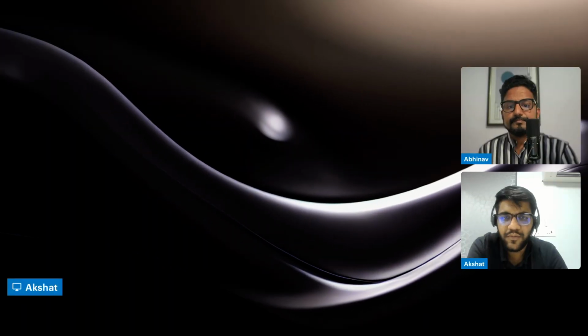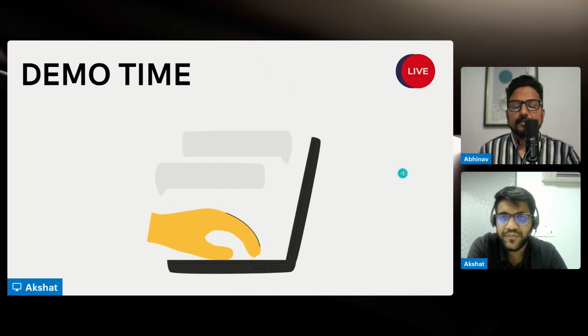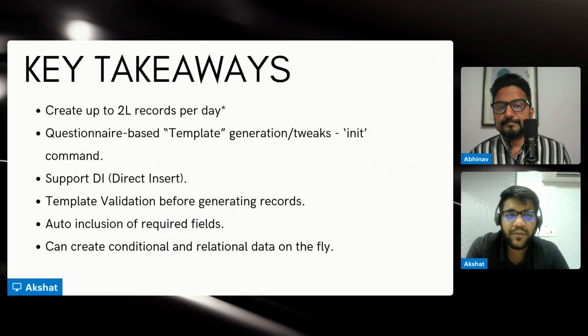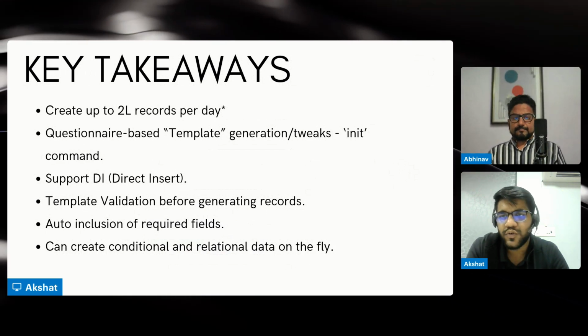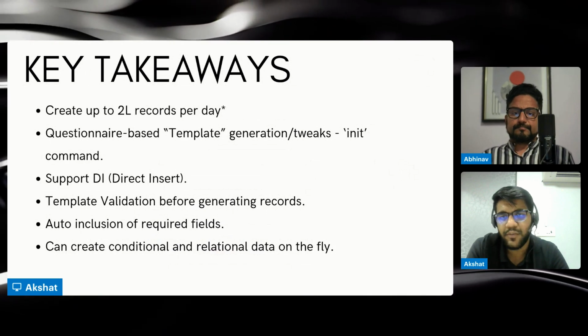So yeah, let me present the slide so that we can discuss the key takeaways which we have gotten from the demo. So this was a quick demo of how Smockit works. Here are the key takeaways which we were able to take away from this demo.